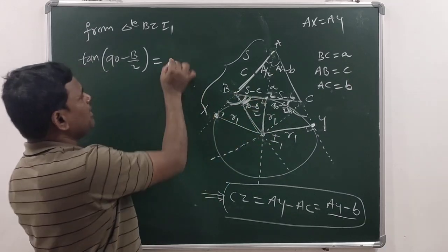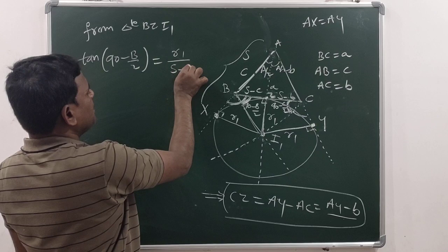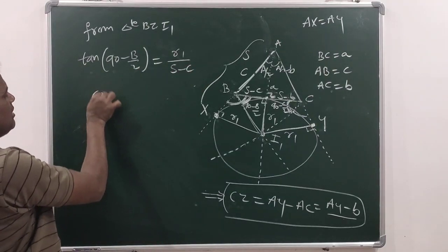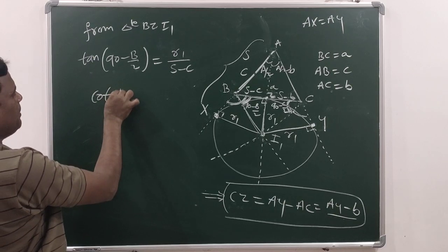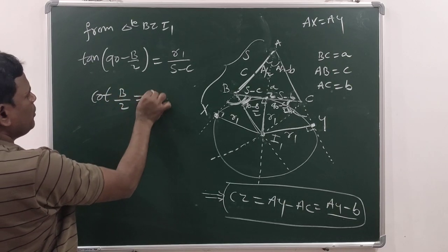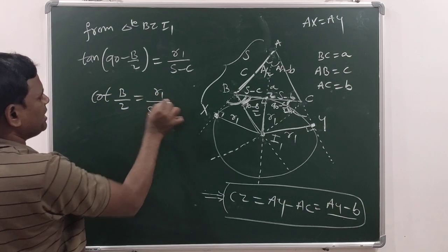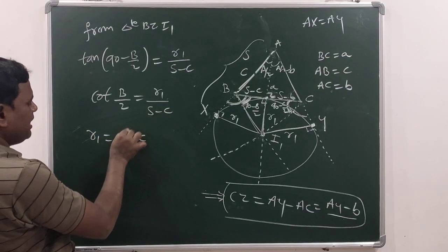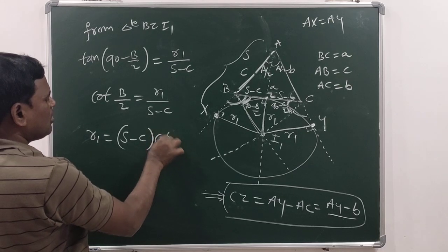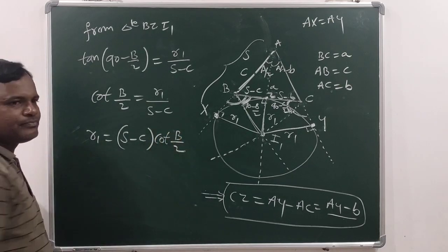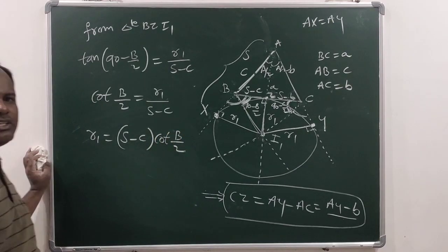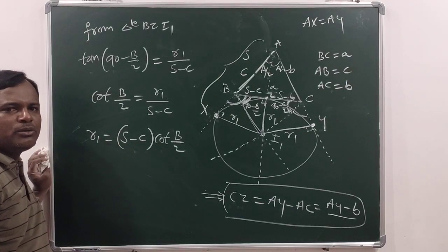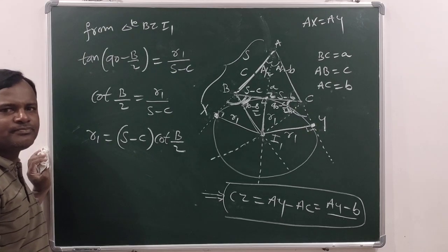Now, R1 by S minus C. Now, tan 90 minus theta is cot theta, so cot B by 2 equals R1 by S minus C. Now, R1 is equal to how much? S minus C into cot B by 2. R1 means what, students? S minus C into cot B by 2. This is one more relation.